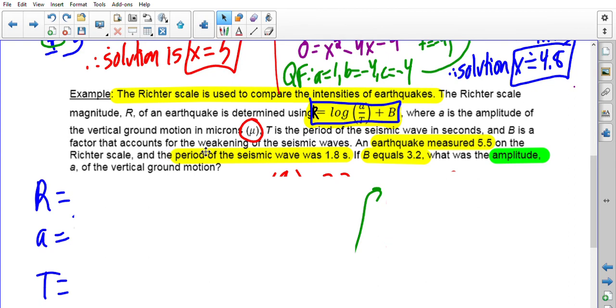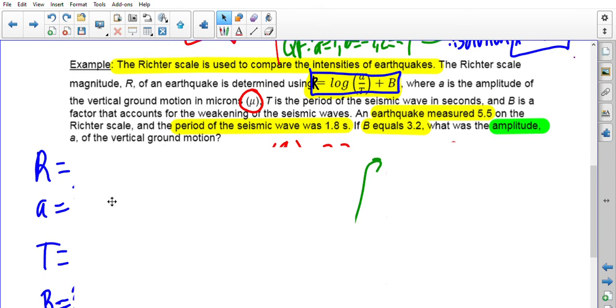An earthquake measured 5.5 on the Richter scale and the period of the seismic wave was 1.8 seconds. If B equals 3.2, what was the amplitude A of the vertical ground motion? They gave us a bunch of pieces of this formula and we have to solve for little a.